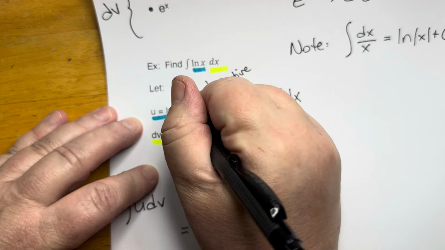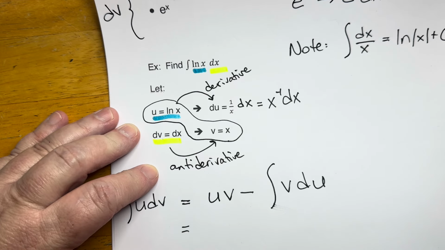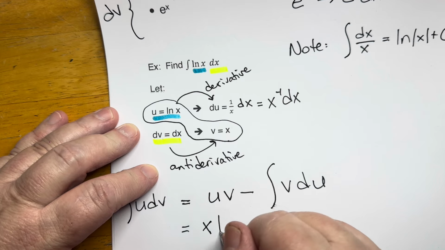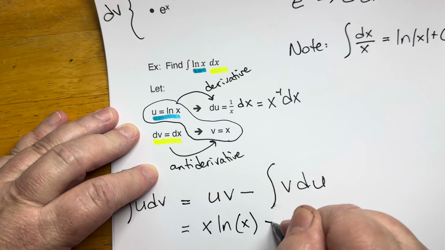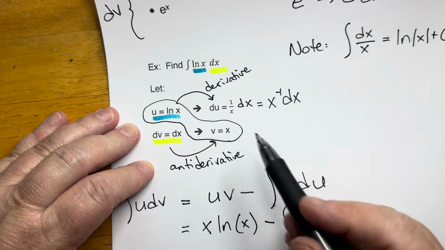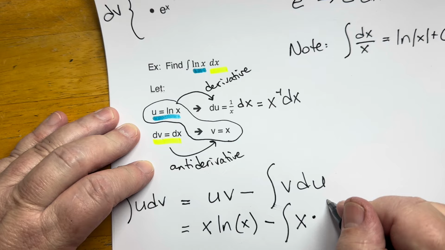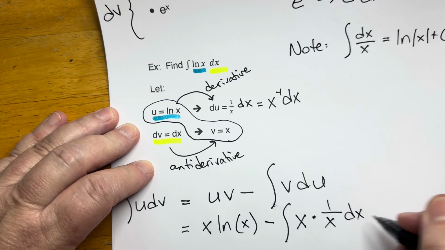So we take the u and the v, like that, and then we take the integral of the v, which is x, times du, which is 1 over x dx.